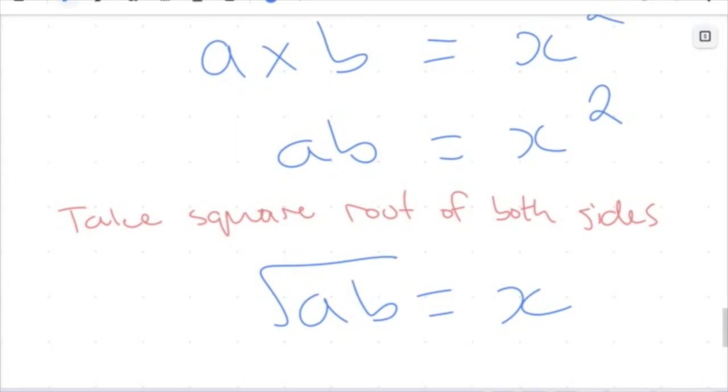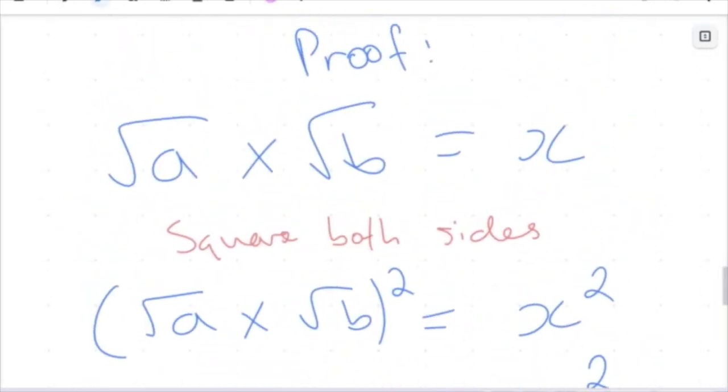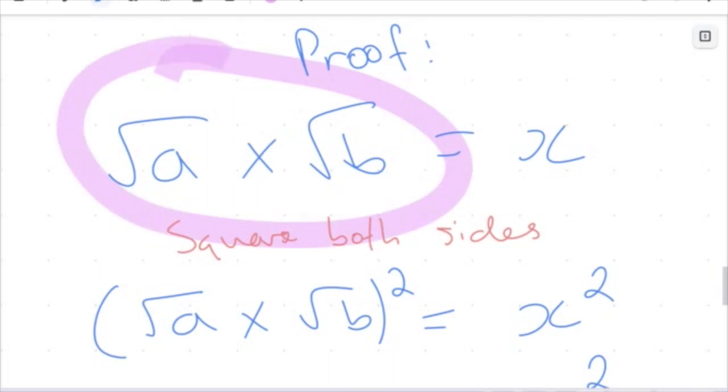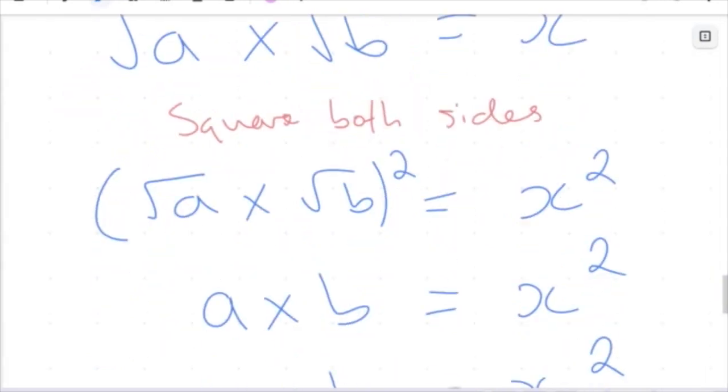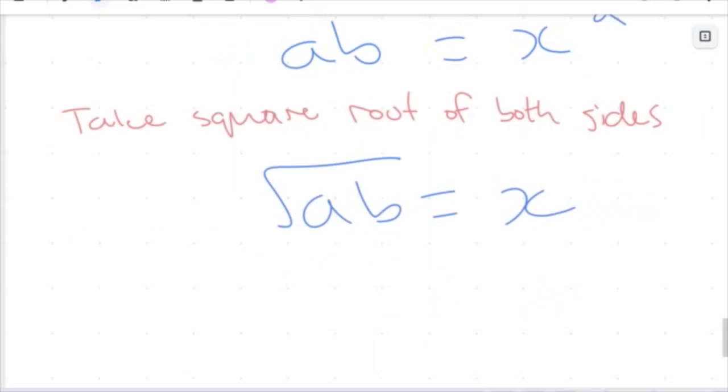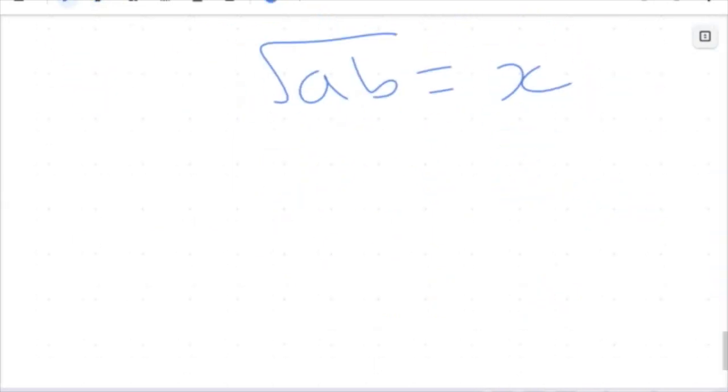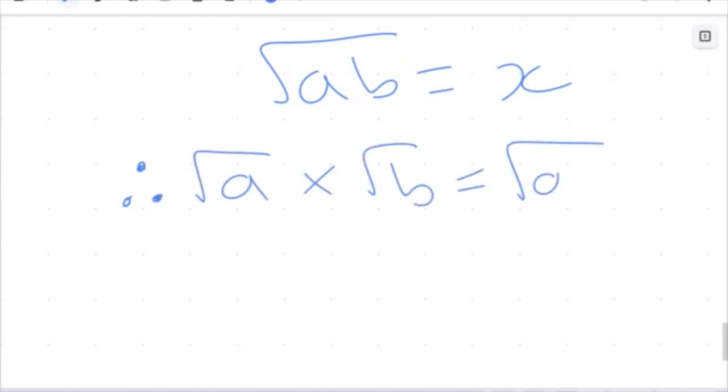So here, x equals root of ab, and it also equals root a times root b. And we wind up with, therefore, root a times root b equals the root of ab. This is a feature of surds.